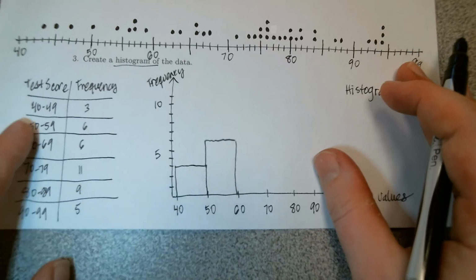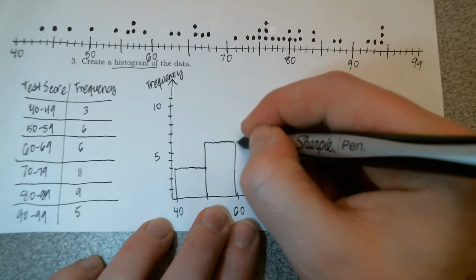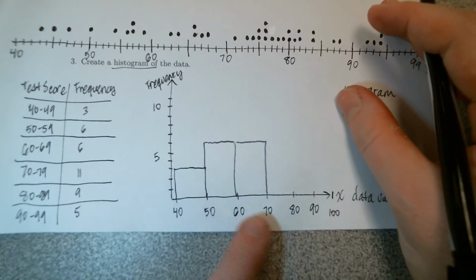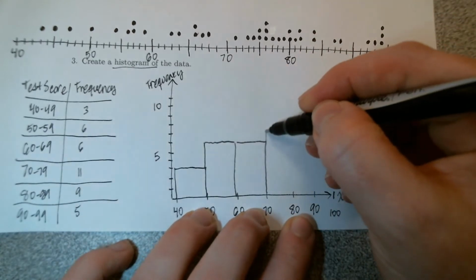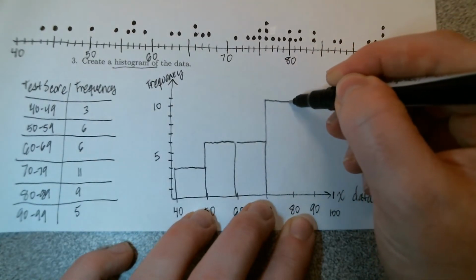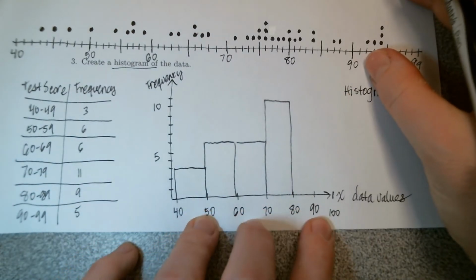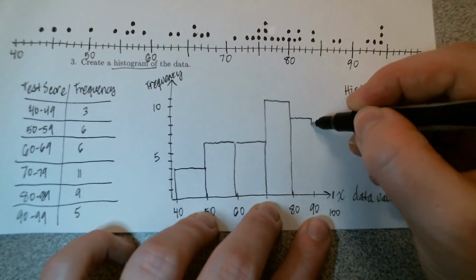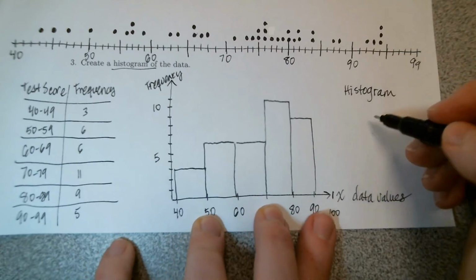From 60 to 70, we had 6 scores. 70 to 80, 11 scores. From 80 to 90, 9 scores. And in the 90s, we had 5 scores.